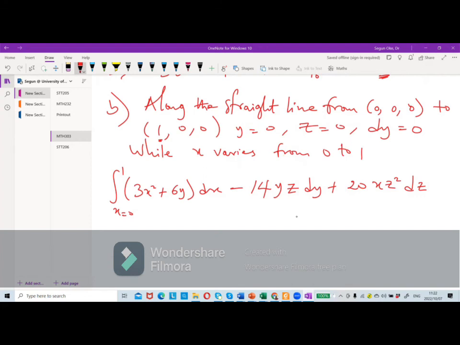So don't forget the y equals 0, the z also equals 0 at this point.